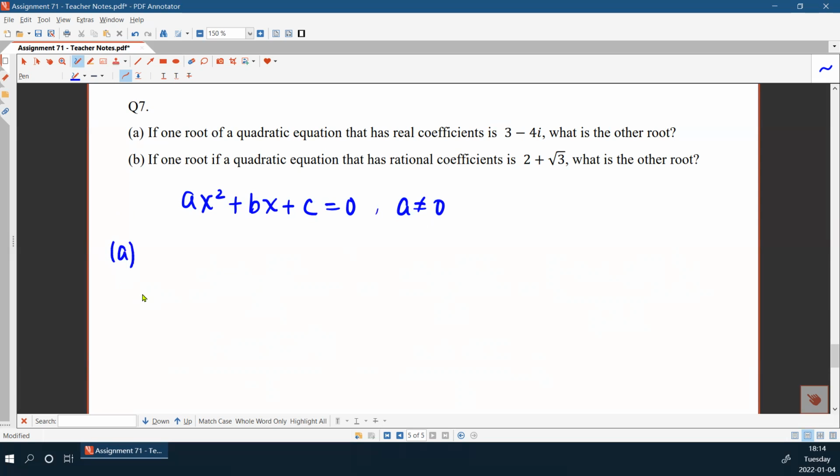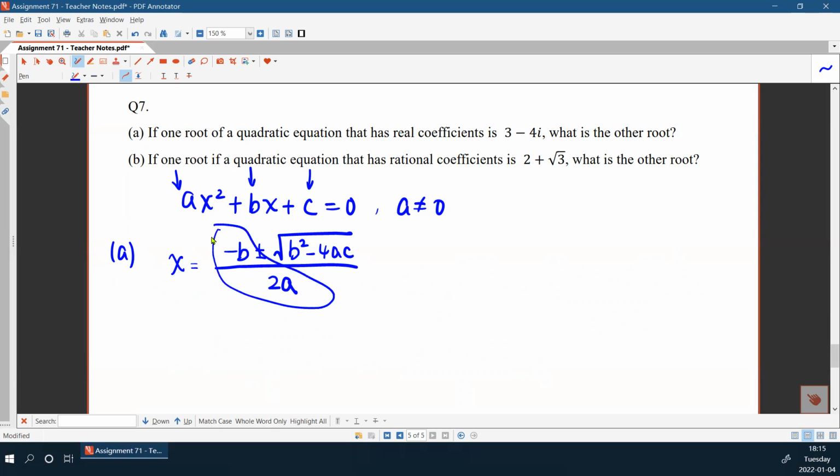So for question A, if the quadratic equation has real coefficients, that means a, b, c here are all real numbers, right? If all of them are real numbers, note that the roots are given by the equation here, right? So can you tell me, if one of the roots contains the imaginary unit i, where can the i appear?